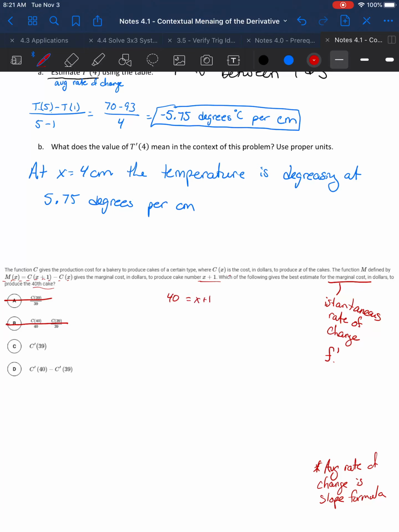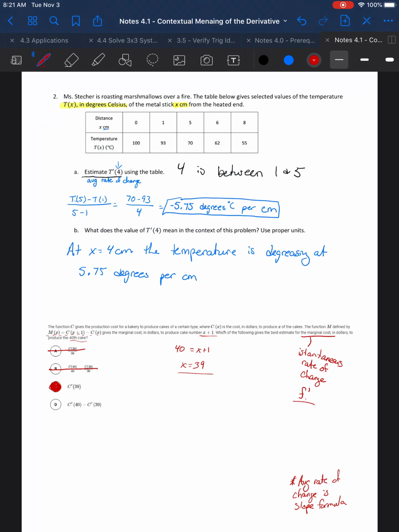Well, 40 is equal to x plus 1, so that means x is equal to 39. So I want the derivative when x is 39. My answer is C. And like I said, the multiple choice questions on your homework are much simpler than this one. I put this one on the notes because it was more complicated.